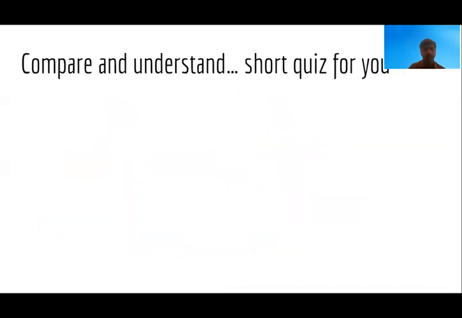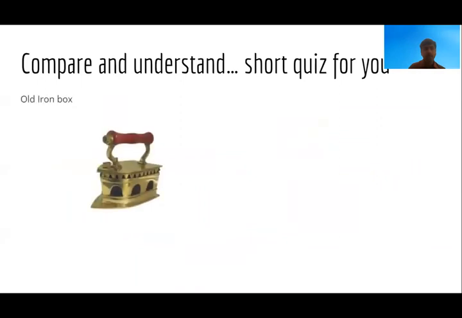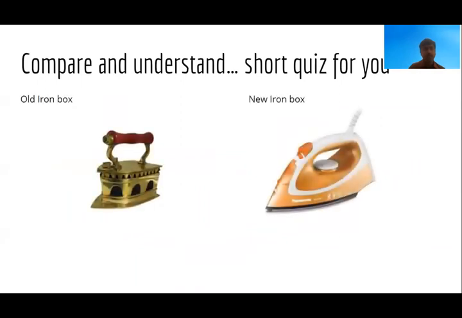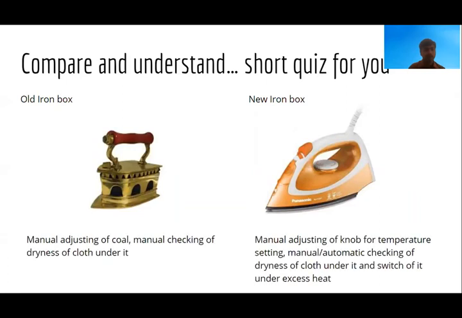In the second example, I will show two images. Please identify and compare these two images. On the left hand side we have the old iron box, and on the right hand side we have the new iron box. In the old iron box, we have to manually adjust the coal to get our desired temperature, and also manually check whether the clothes are dried or not.